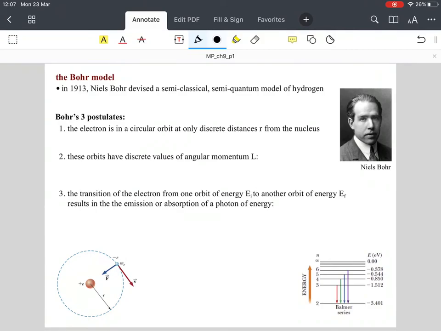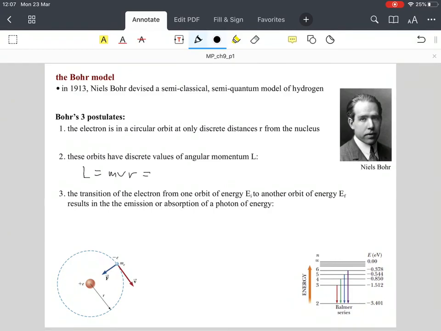The second is that these orbits also have discrete values for their angular momentum. And since we're just looking at this one particle in a circular orbit, the angular momentum L is pretty straightforward. You'll remember this from classical mechanics, it's the linear momentum mv times r, this radial distance, when it's rotating about that center point, which is the nucleus.